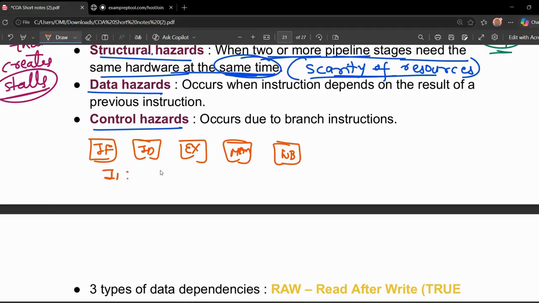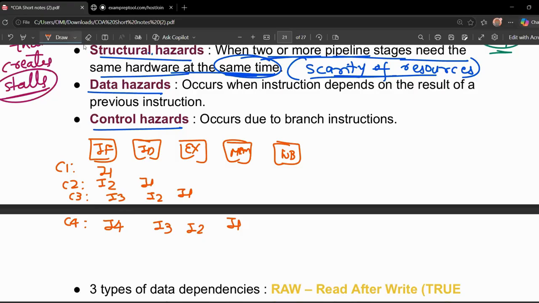Let's say in cycle C1 we have I1. In C2, I1 is here, and I2. In C3, I1, I2 and I3. In C4, I1, I2, I3 and I4 are all here.